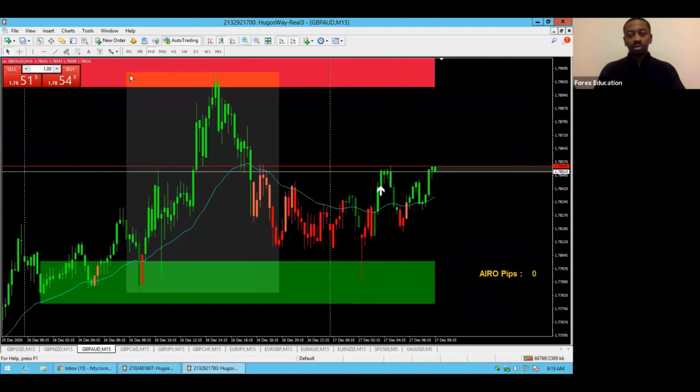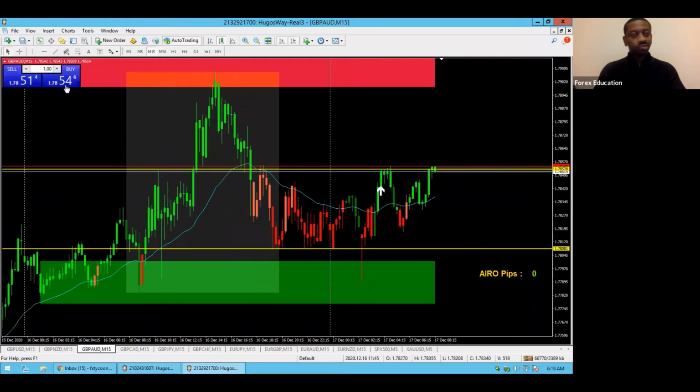Zoom in. We're going to mark the high. We're going to mark the low. We're going to measure. GBP/AUD, 44 pips. All right. GBP/AUD meets the criteria. It's less than 50 pips.